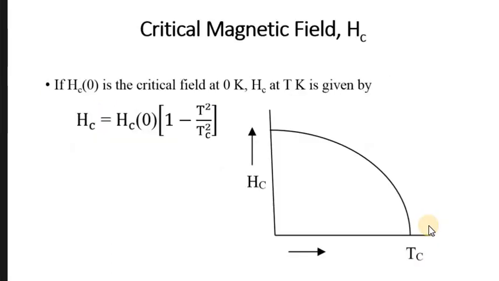Now, how to find the critical magnetic field and transition temperature of a superconducting material? This equation is the answer: Hc equals Hc0 times (1 minus T square by Tc square). Here Hc0 is the critical field at 0 Kelvin, and you will get the value of Hc at T Kelvin using this equation.